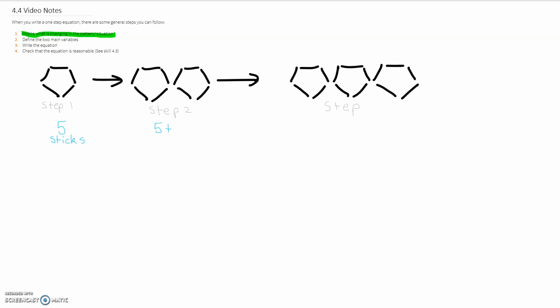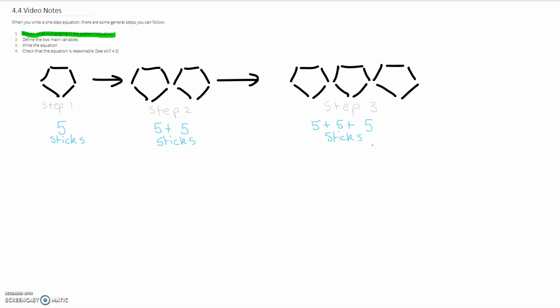So we have the 5 that we started with plus these 5 new ones. And then in the last step, we have the 5 that we started with, the 5 that we added in the second step, and another 5 on the end. So each time we go up a step, we're adding 5 sticks.